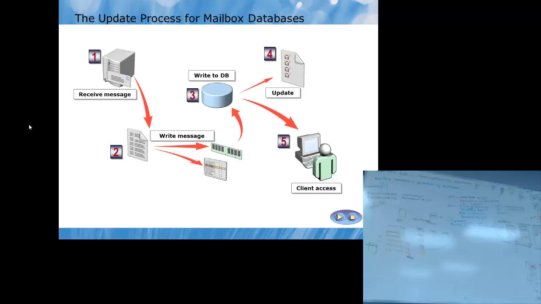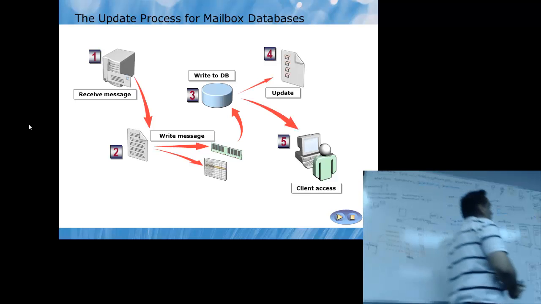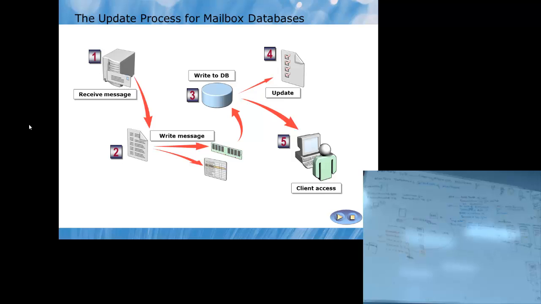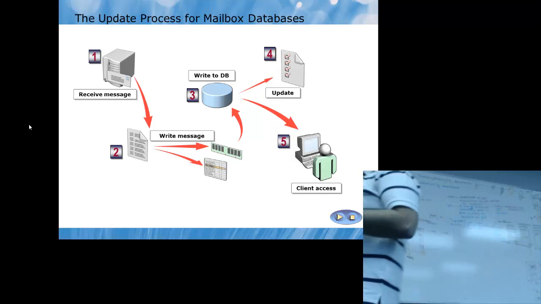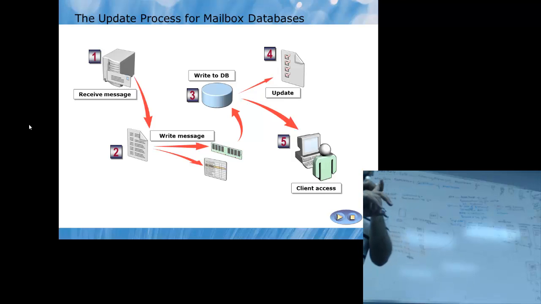Yes. So why are we not directly writing this message to the DB? Guys, a long time back, since the Exchange database is very important, it's a mission critical database, and in this database, if anything goes wrong in one mailbox, it can affect all 5,000 mailboxes.